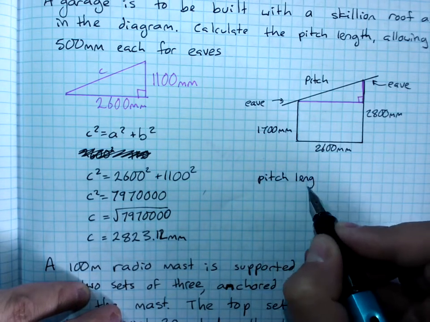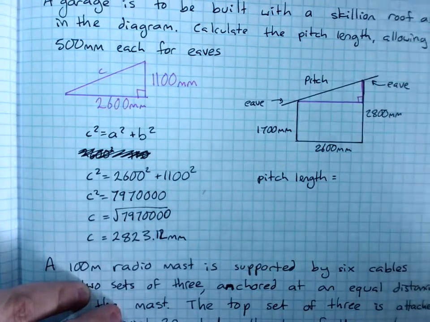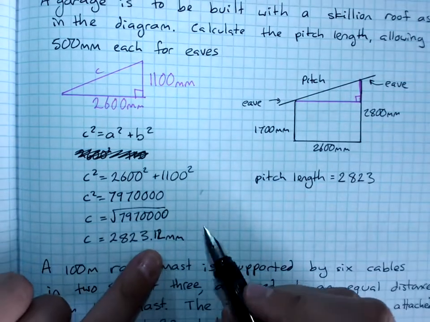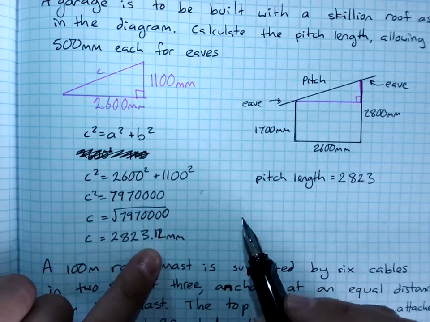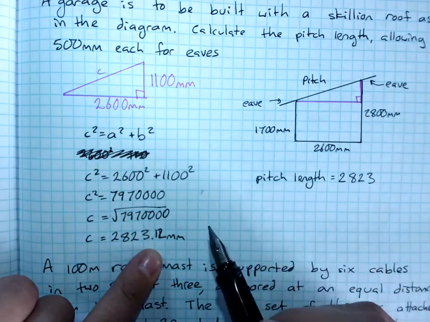Pitch length equals the measurement we came up with. Now we are going to the nearest millimeter, and I'm just adding a whole number of millimeters.